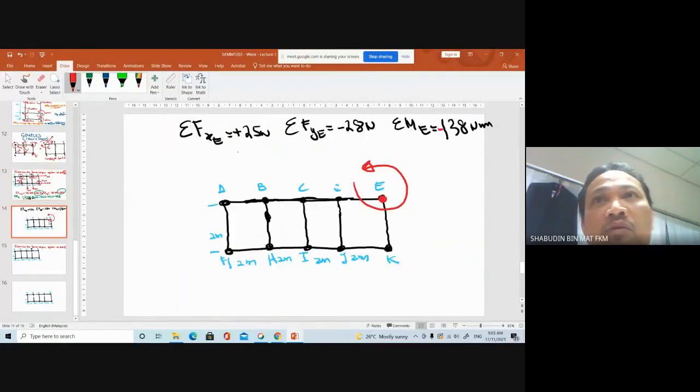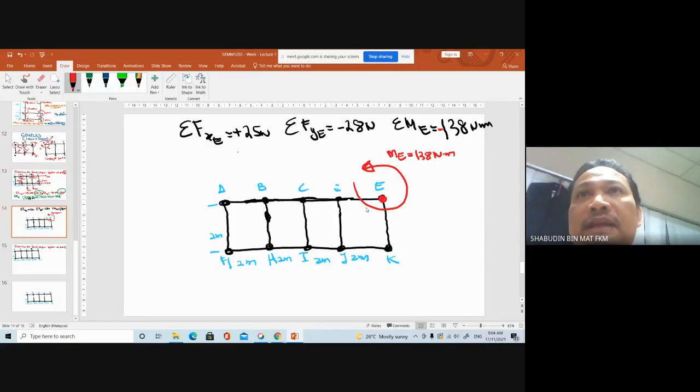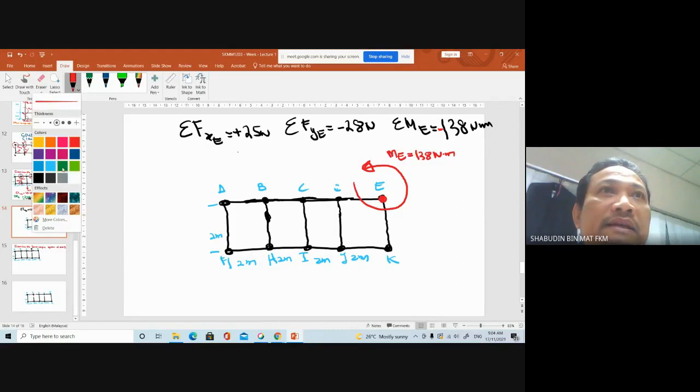So the total moment at point E is given by M_E is equal to negative 138 Newton meters. Then you have a force in X at that particular point.